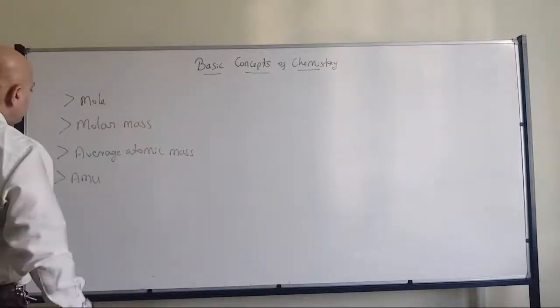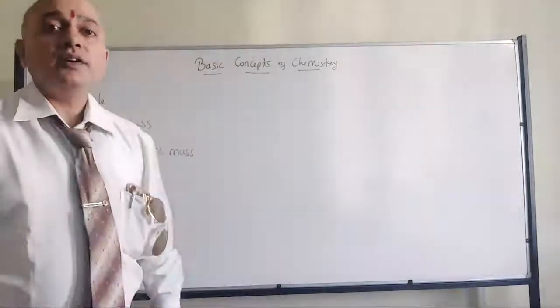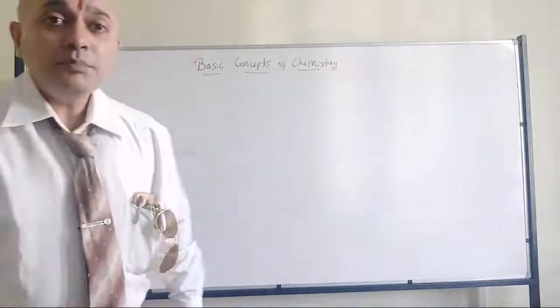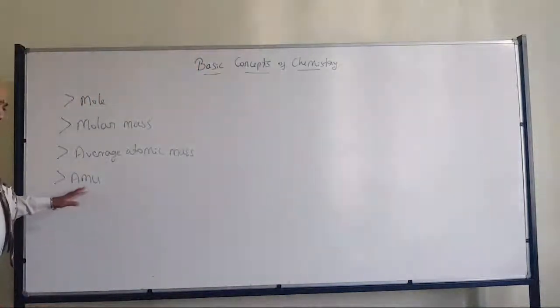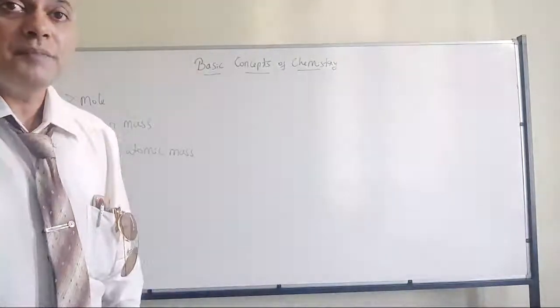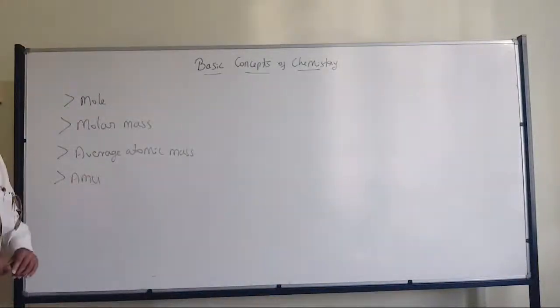Anyway, when I am talking about atomic mass unit, it is a value which will be equal to 1 by 12th of the carbon 12 atom. It will be equal to the mass of 1 by 12th of the carbon 12 isotope. So that is atomic mass unit.